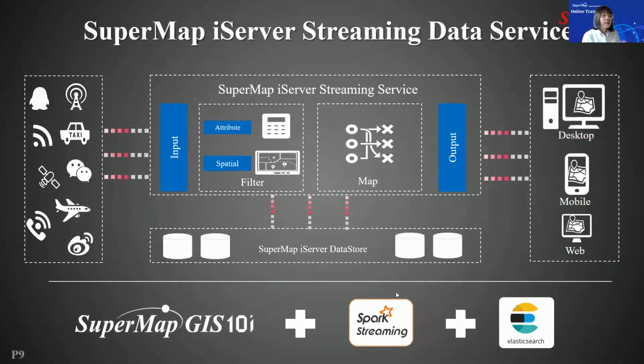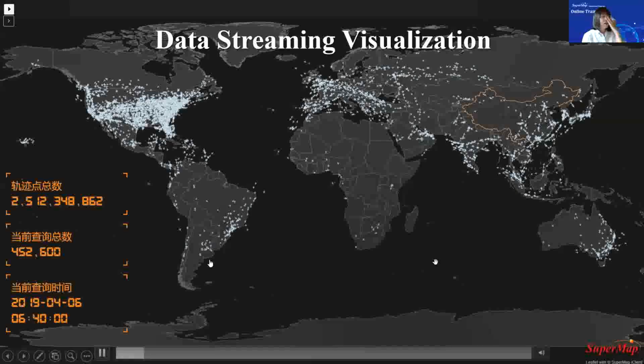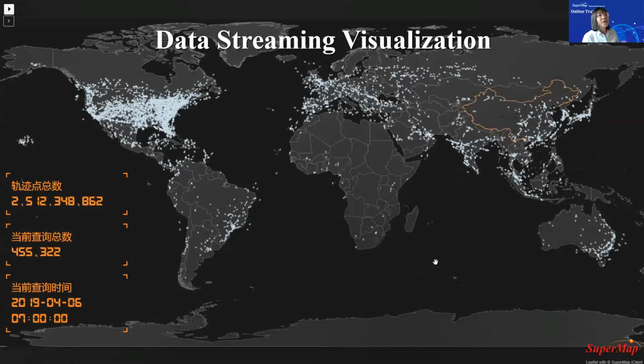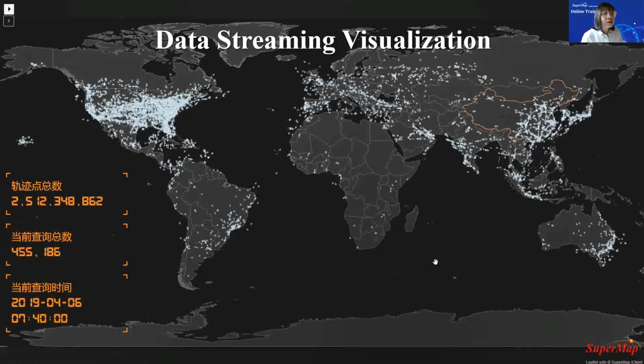So in this whole flow, we use SuperMap 10i technology. We also rely on Spark Streaming technology with Elasticsearch for big data management. And here is an example of streaming data visualization: global flight tracks.